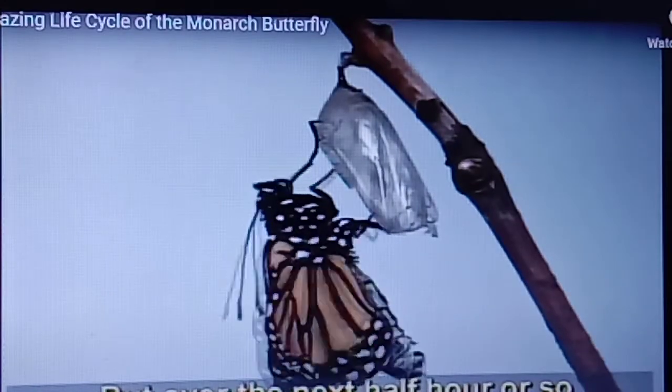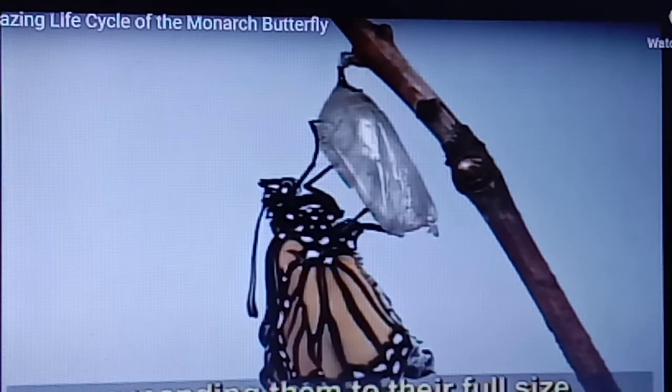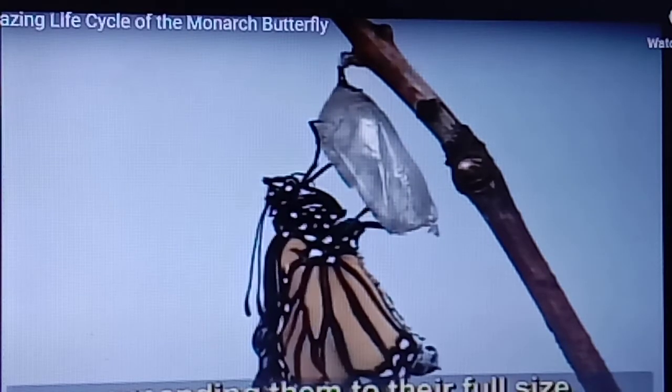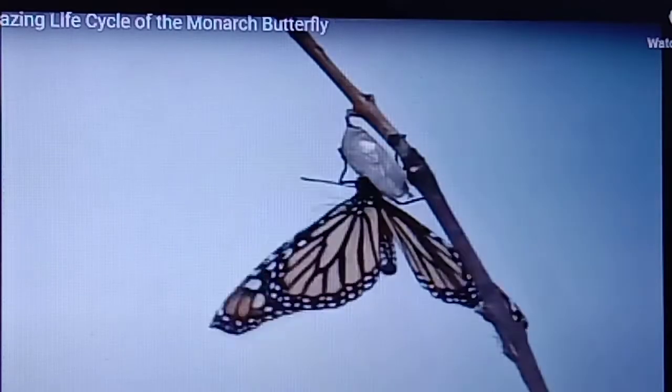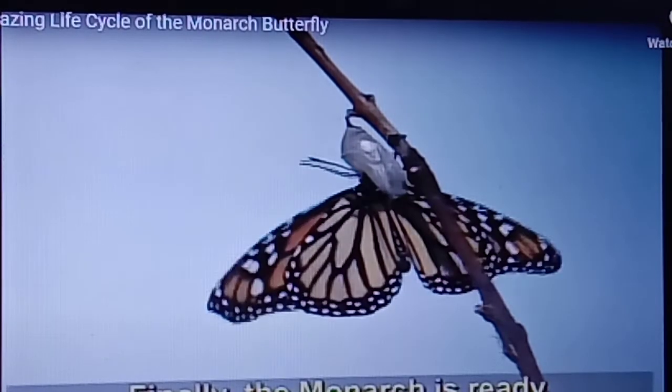See how the wings are growing. It secretes some fluids into its wings, so the wings grow in size. This is the fourth stage of the life cycle of the butterfly. This is the adult stage.